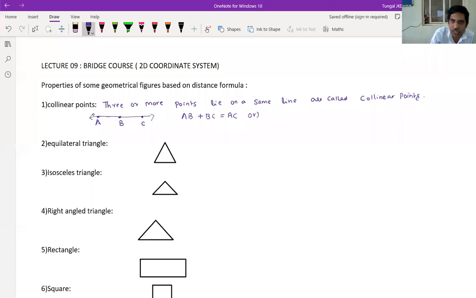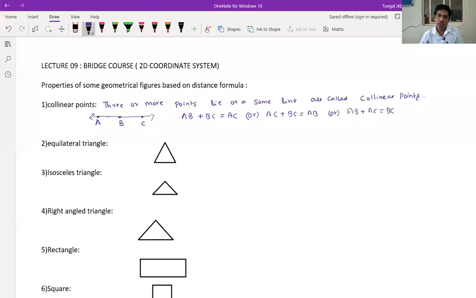Else you can use the alternates: AC plus BC is equal to AB, or AB plus AC is equal to BC. If any one condition is satisfied among these three, then the given 3 points are collinear.